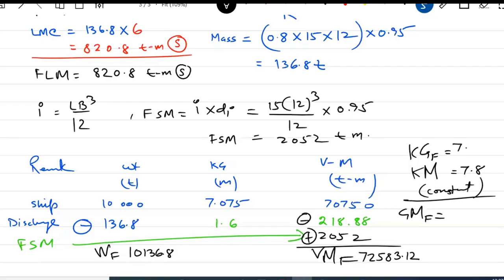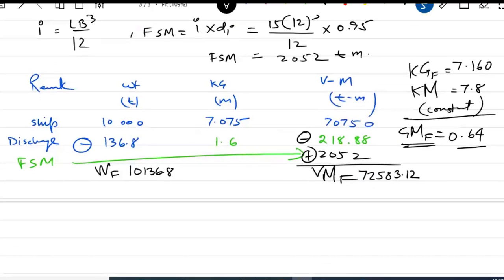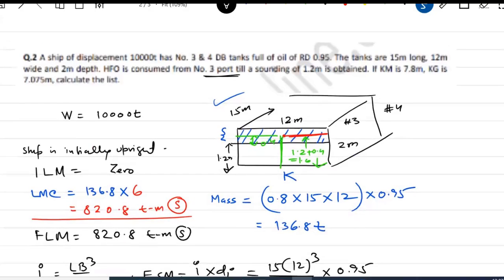So GM final? 0.64. Directly you will get GM final here. So what is the theta? Theta is 7 degrees 12.6 minutes towards starboard. Why towards starboard? Because we are discharging from port, towards starboard.